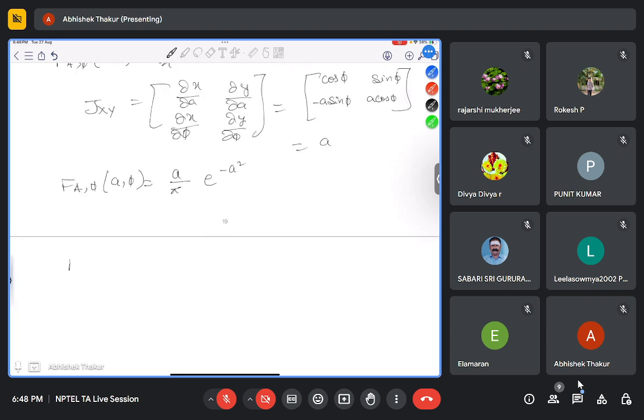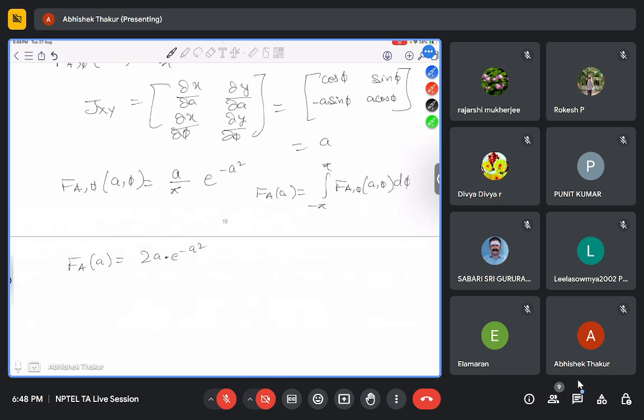Now when you find fa of a, we will get 2a e to the power of minus a square, as described in the lecture. You can do the calculation. Fa of a is equal to the integration over minus pi to pi of fa phi (a, phi) d phi.